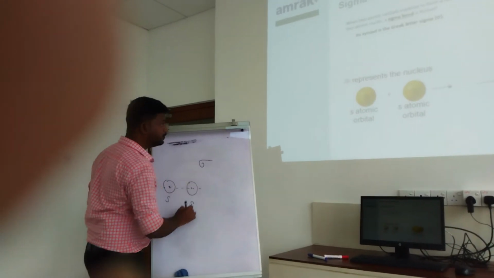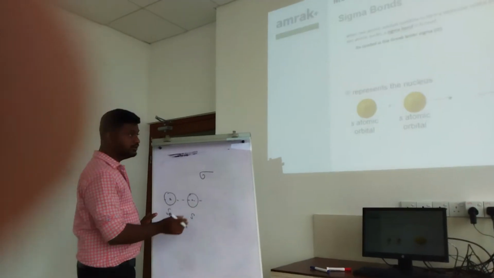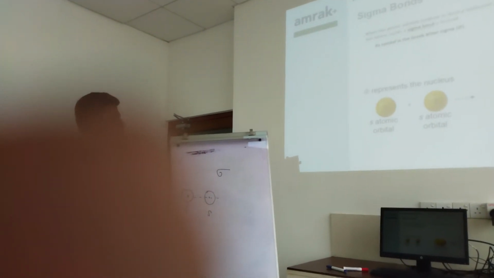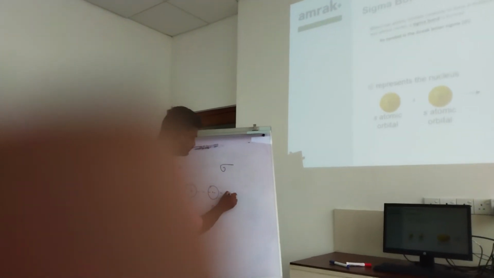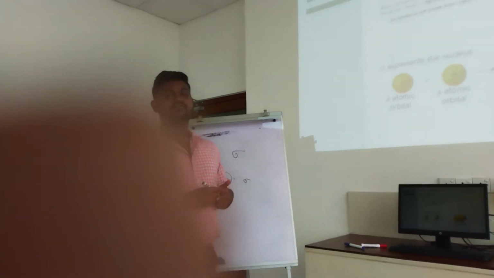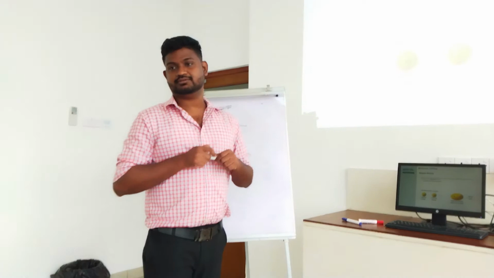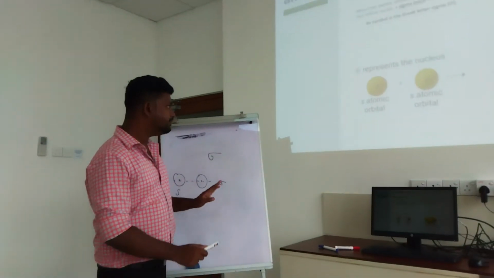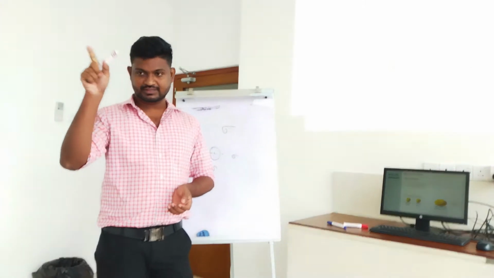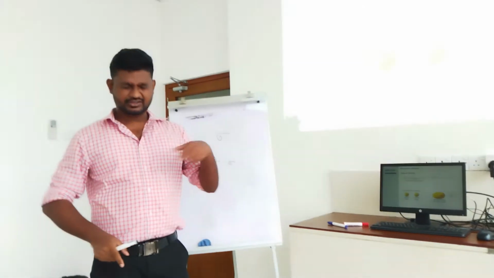So the attraction is between the nuclei. So this is a sigma bond, much stronger. This is what we call a single bond. Till now we studied single bond, double bond, all that, right? So this sigma bond represents the single bond. Usually we put the single bond first, no? Then only a double bond, right? That is because these are stronger.